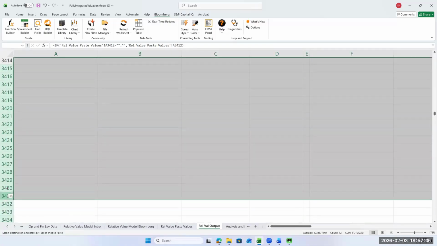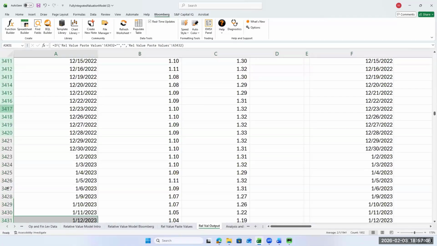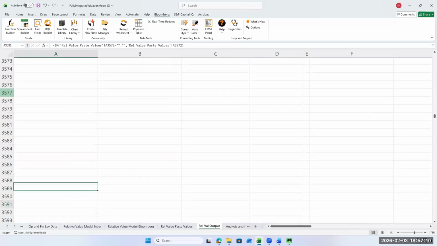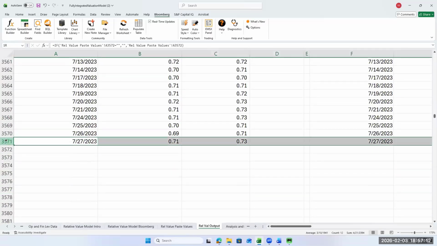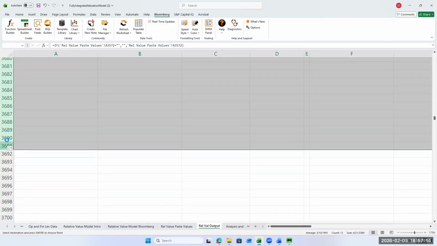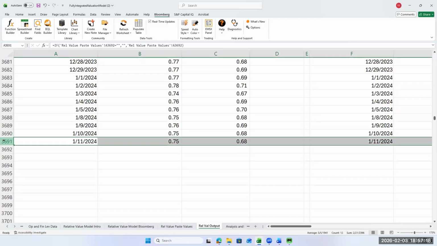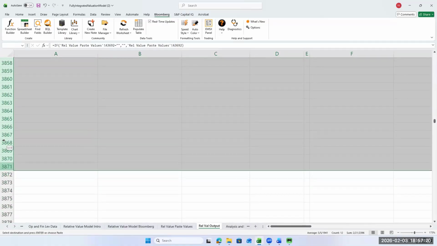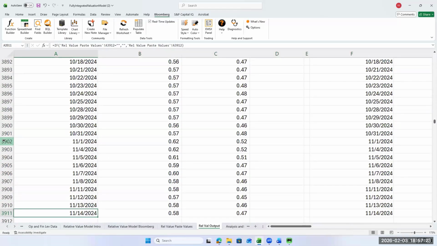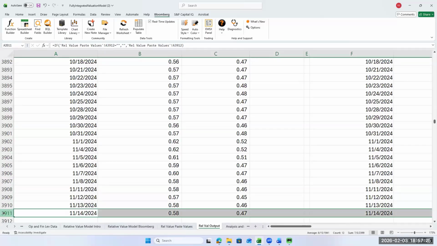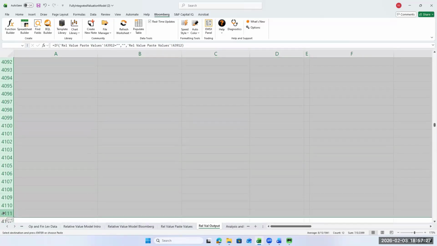You just need to copy it down so you get it down to the current month. This is in the video as well. It's on a daily basis, so it might need quite a few rows. So copy it down so you have all the data.